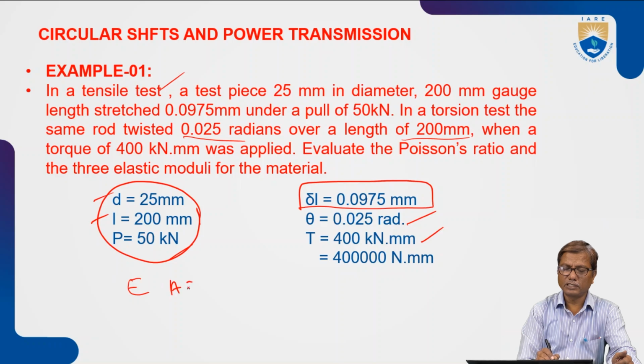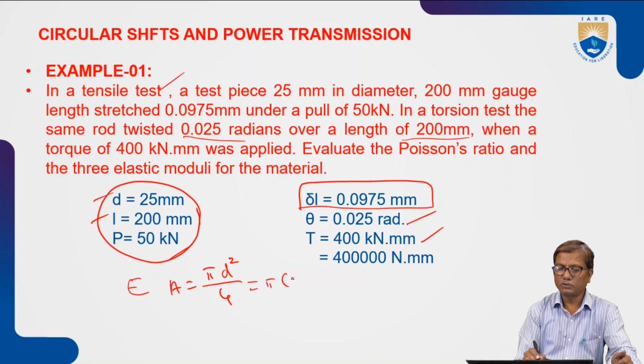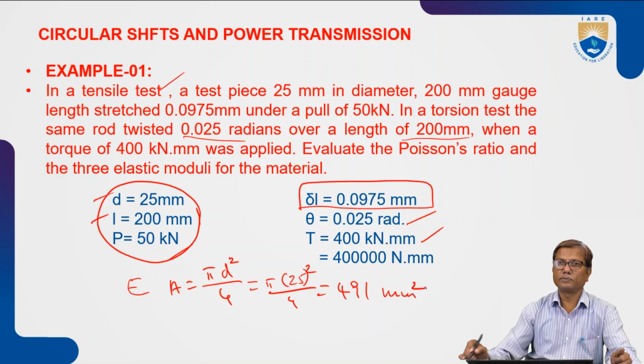Here we will find area, which is pi d square by 4. So it is pi into 25 square by 4, which comes around 491 square millimeters.